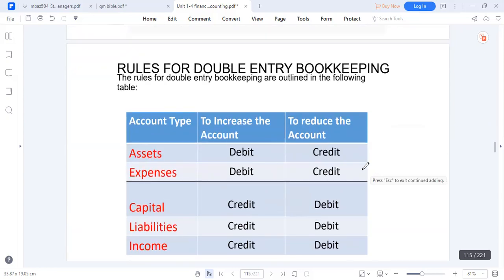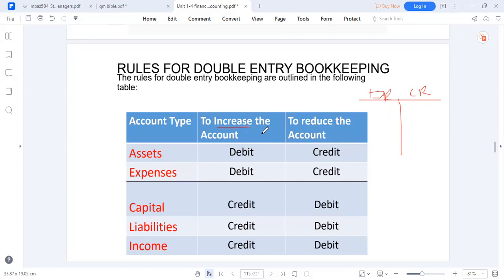Now here are the rules for double entry bookkeeping. For an asset, you debit if you are to increase it, and credit if you are to reduce it, meaning you are giving away assets, like giving away your vehicle. When you credit, you are giving; when you debit, you are receiving.